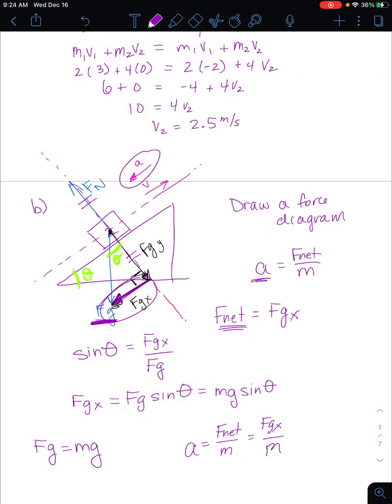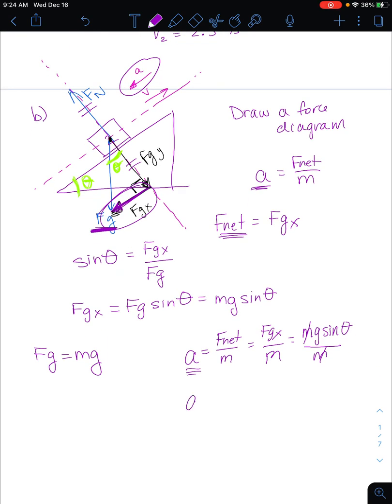All right, so we were trying to solve for our acceleration, and we knew that it was our net force divided by our mass. So we're taking our FGX and dividing it by our mass. So FGX we solve for as mg sine of theta, and then we're dividing that by our mass, m.